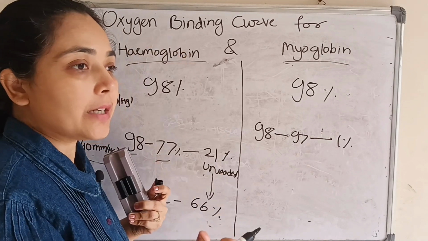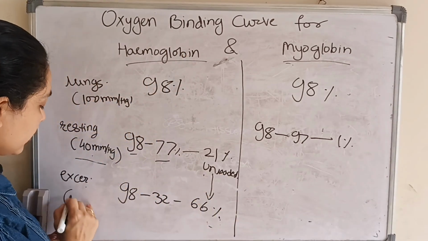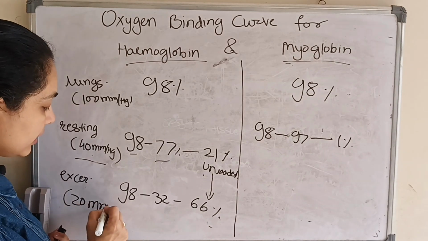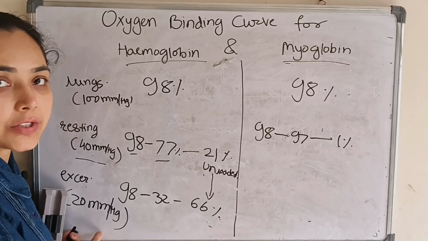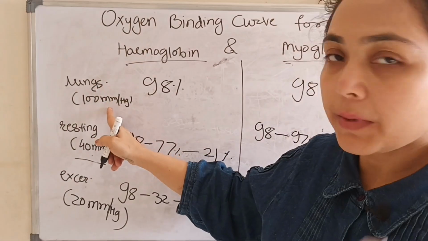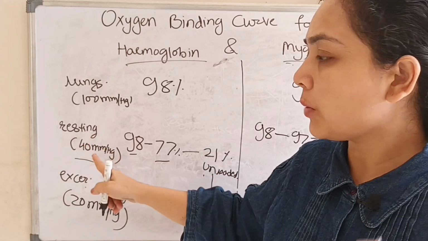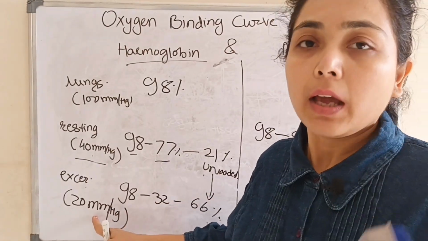Again, the partial pressure will drop in the exercising tissue. Sorry, I have not mentioned here: exercising tissue has a partial pressure of 20 mm of Hg. Sorry, that's my mistake. Lungs have a partial pressure of 100, resting tissue has 40, and exercising tissue has 20 mm of Hg.